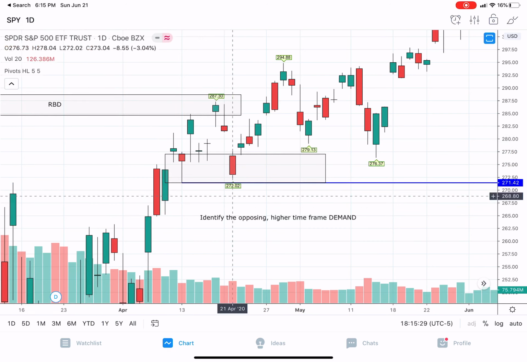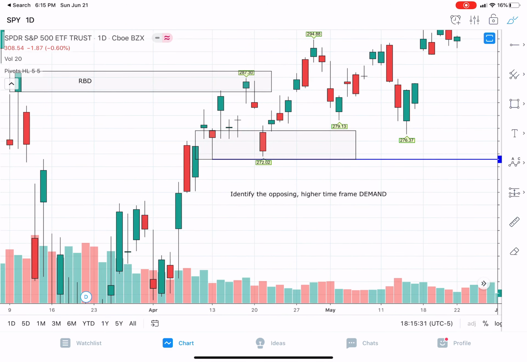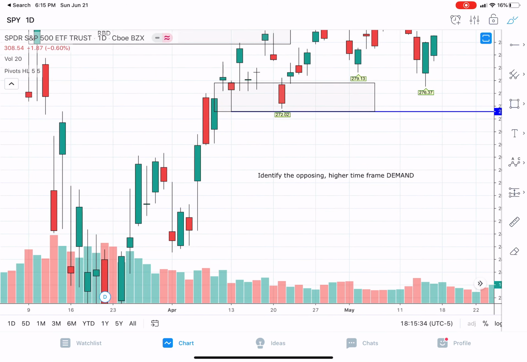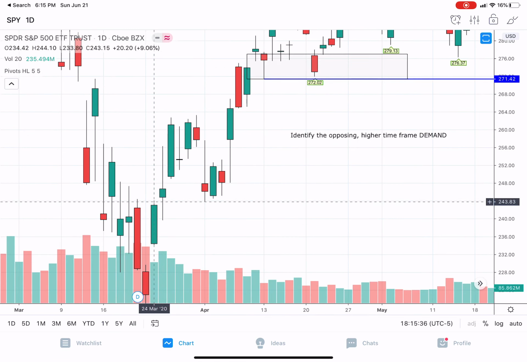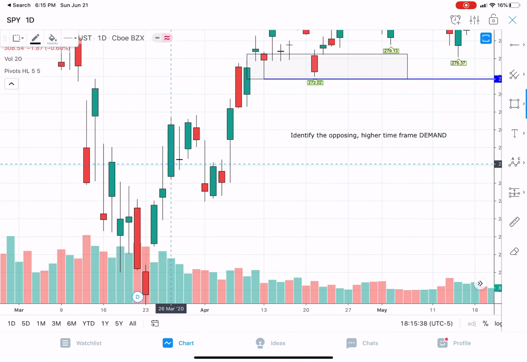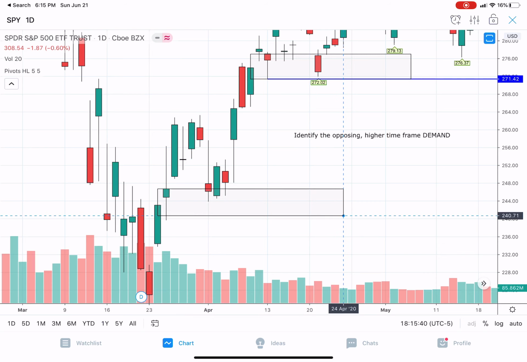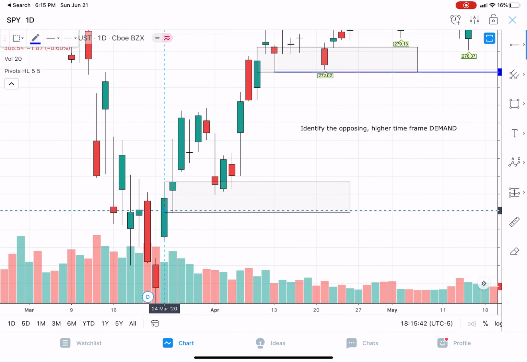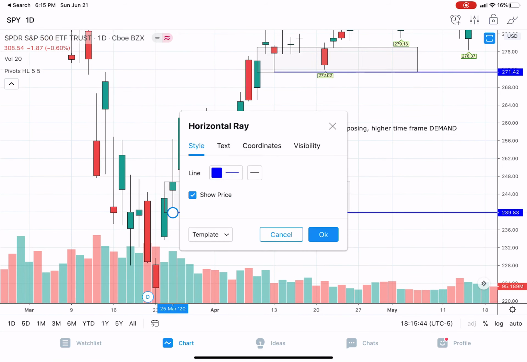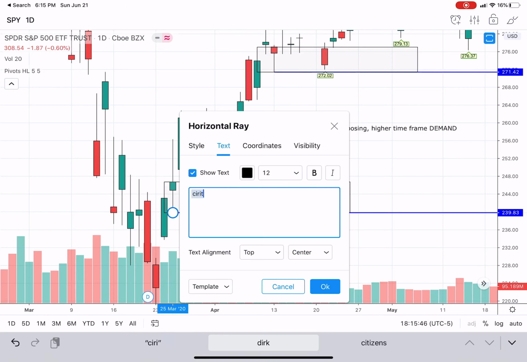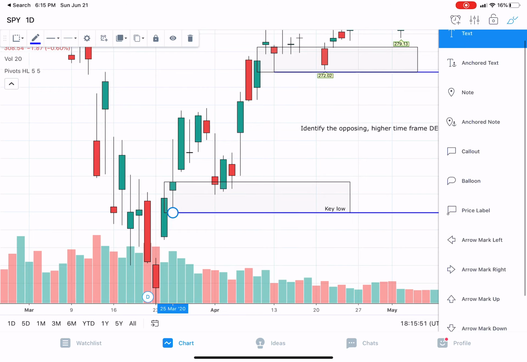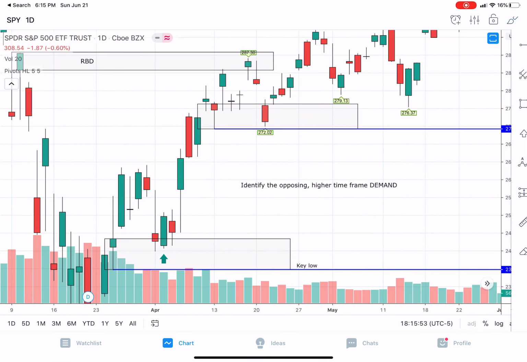You can see price opens in demand here, and look at what it does again. Same situation that happened back down over here where I showed you guys how it made a higher high. So down over here, we can call this critical, or I guess I can call this key low. And then same scenario, made a higher high.